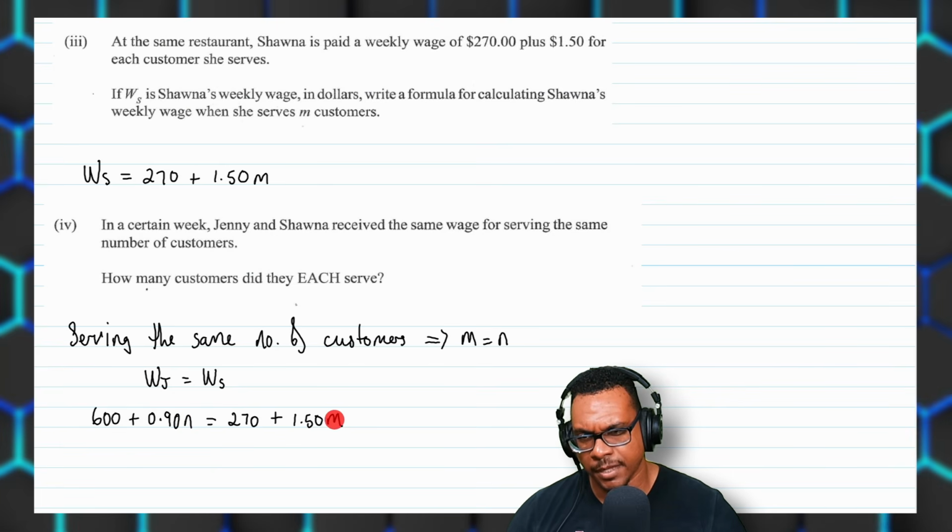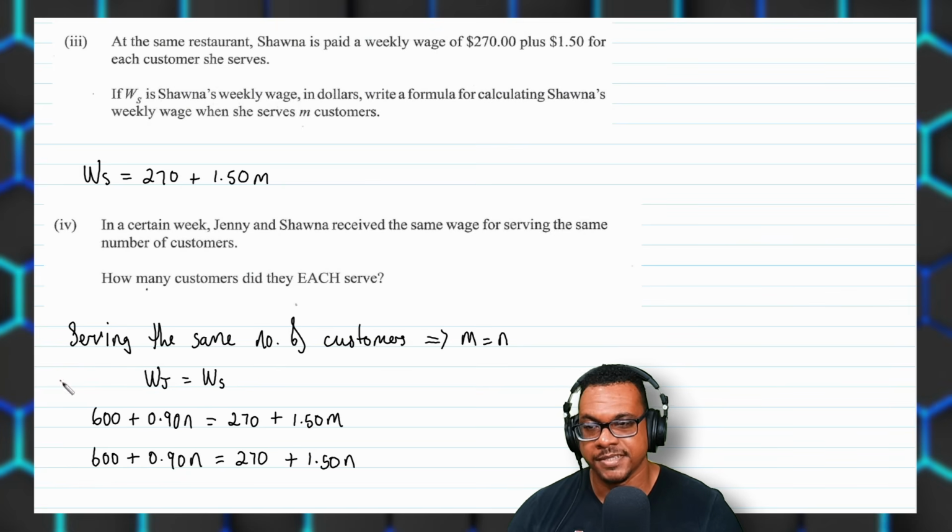If you want to replace this M with the N or this N with the M, it's all good. So what I'll do is just stick to the N and replace the M here with N. So we have 600 plus 0.90N is equal to 270 plus $1.50 times N, because both of them are serving the same number of customers.